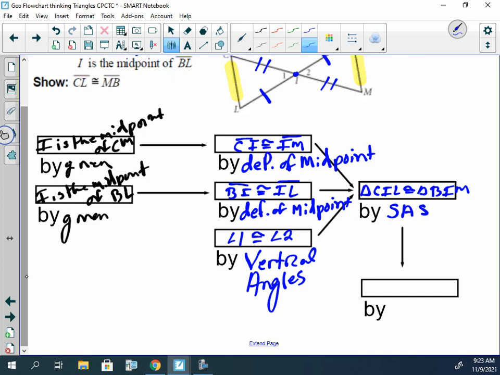CIL, almost, because we start with C, go along the side with 2, and then along the side with 1.